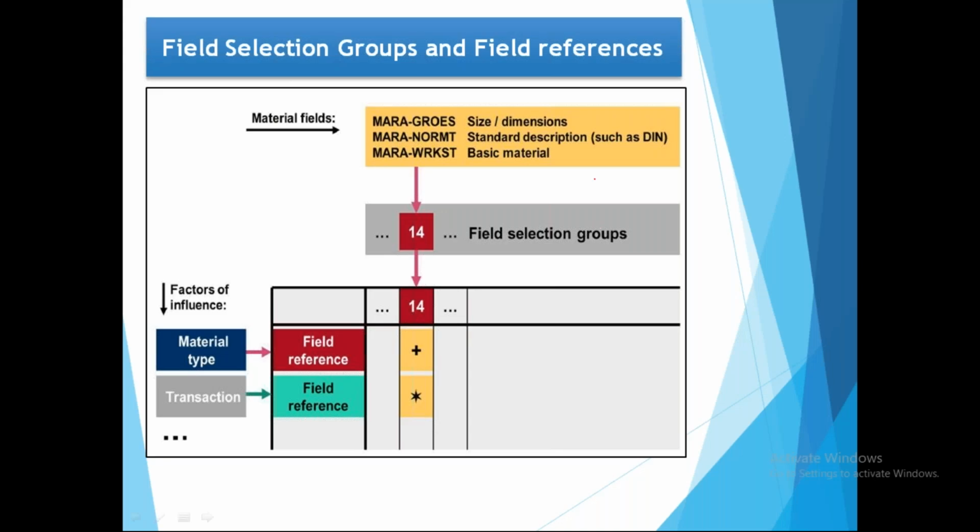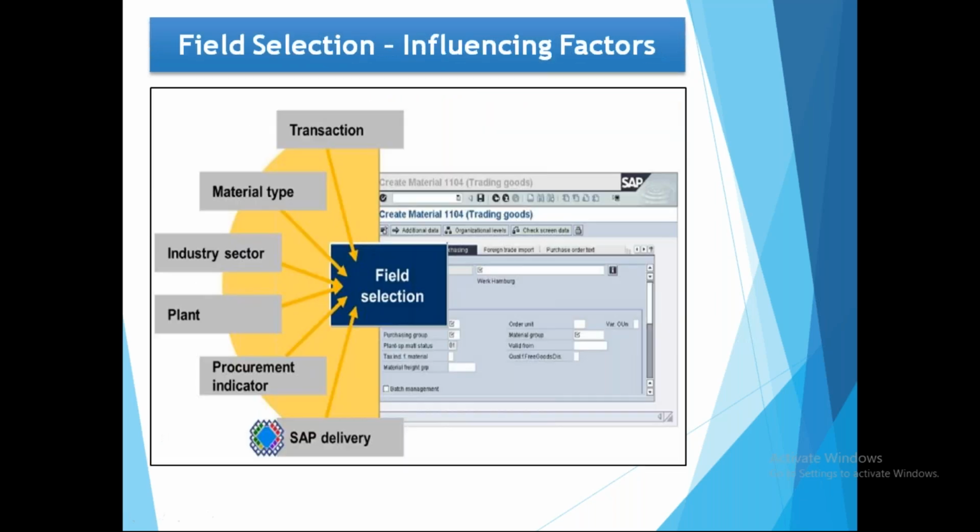You have the material fields, those fields are assigned to a field selection group, and for this field selection group, at the material type level, you will assign the field reference, and in this combination you will maintain whether it is required, mandatory, or optional. See, for the same field selection group 14, for material type it is plus, you have to enter, whereas optional at another level, whereas at transaction level for the same field selection group it is mandatory. Like this you can maintain. This is the one we discussed.